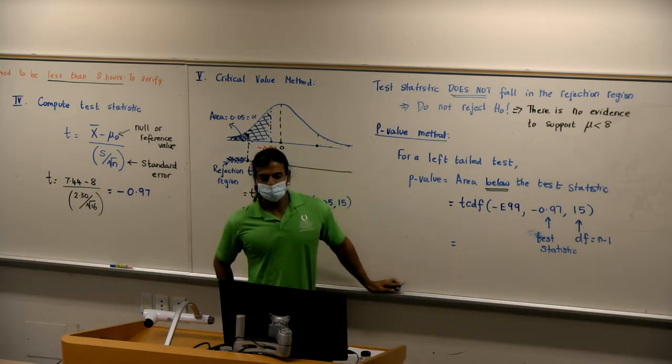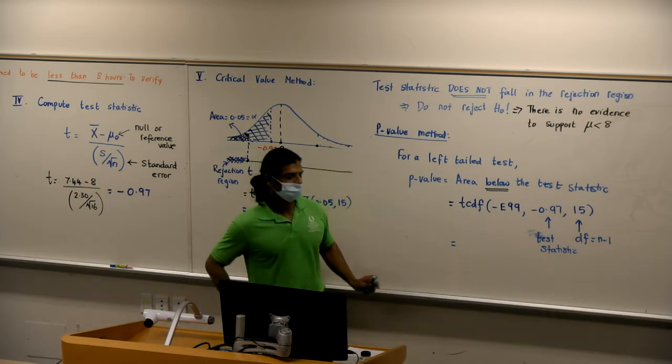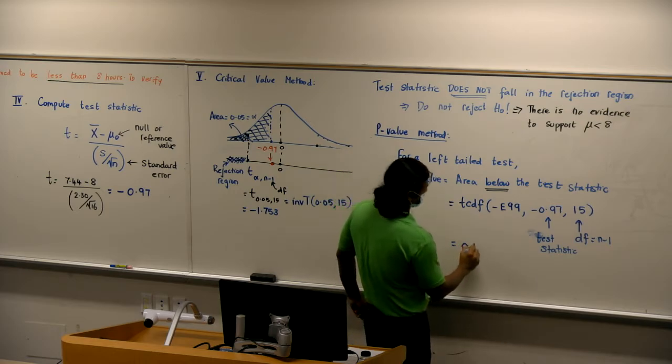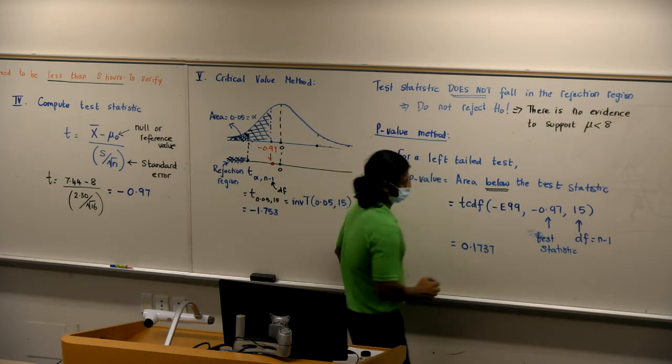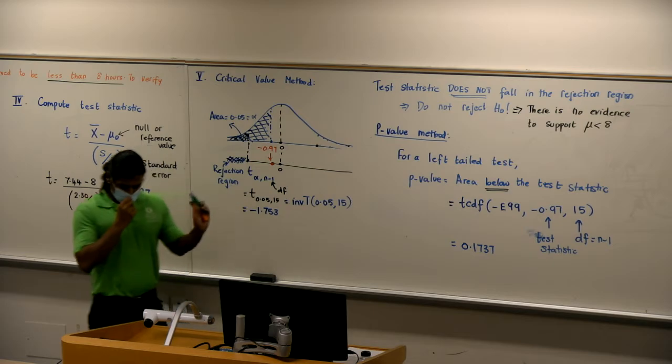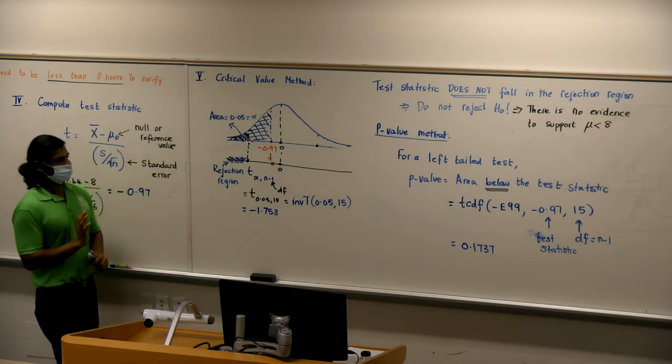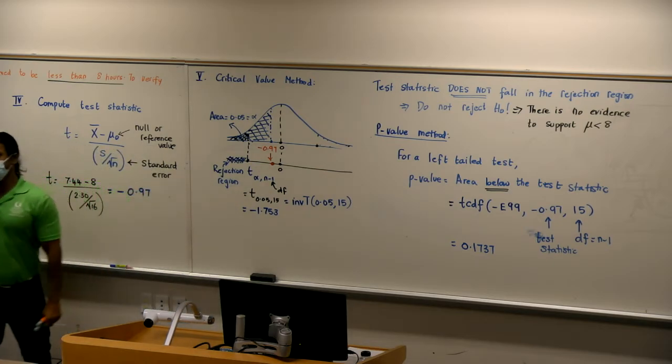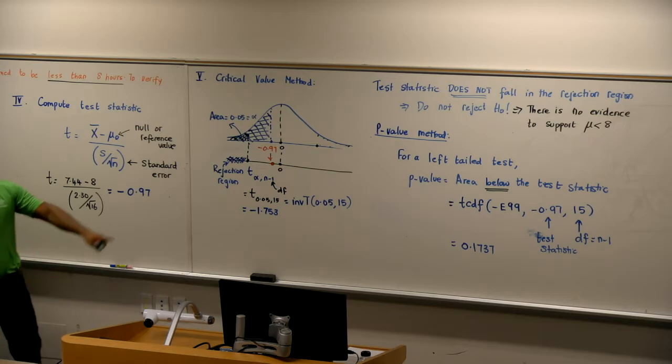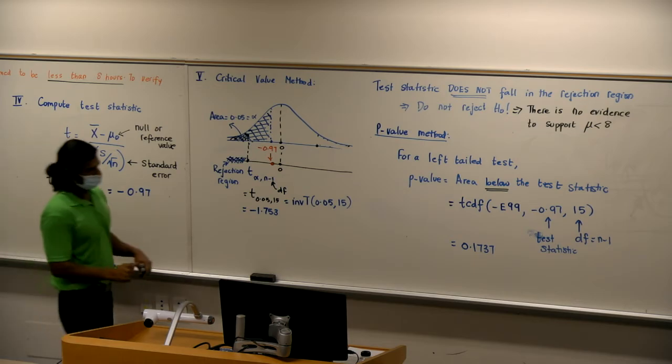And what do we get? 0.1737. We already agreed that that value will definitely be bigger than 5%. Is 17% bigger than 5%? Yes. Okay.